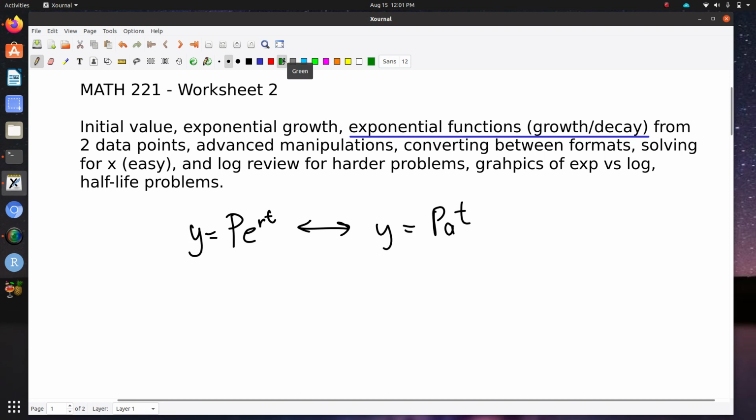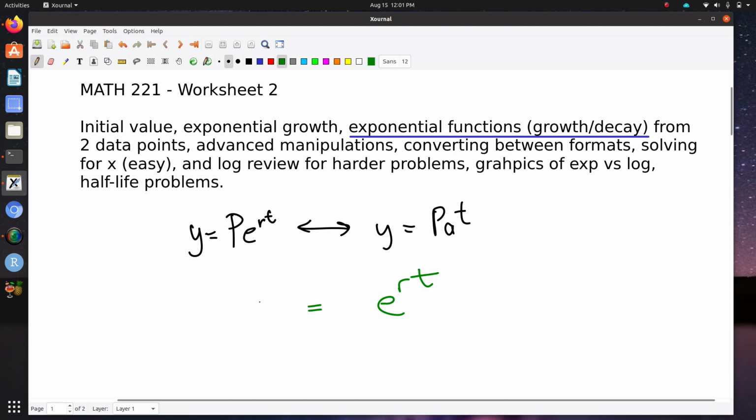So if you have a problem that's like 7 times 4 to the t, and you want to convert it into this other version, the PERT version, then what you're going to do is say, okay, p e to the rt is what? And it's like, well, actually the nice thing is p. So just get rid of the p's. Okay? They're not actually helping anything.